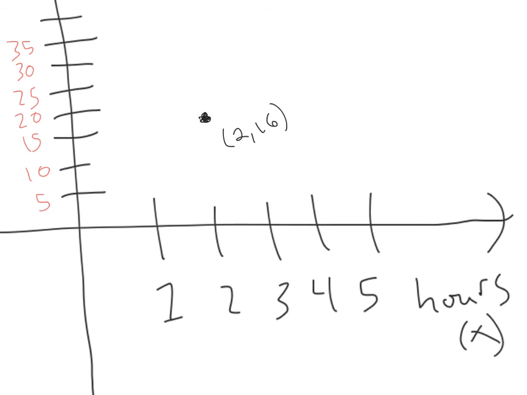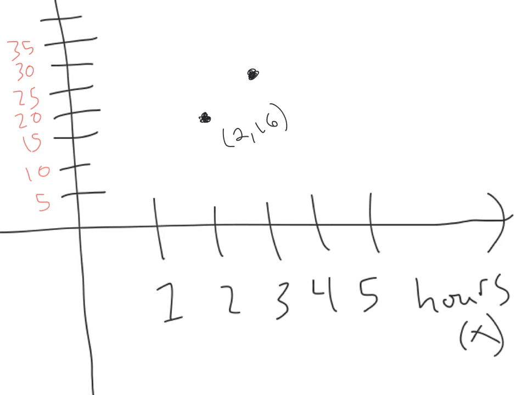Alright, and then the next one was 3, 24. 1, 2, 3, up to 24 would be right underneath that 25. So maybe right about there. And that's the point 3, 24.